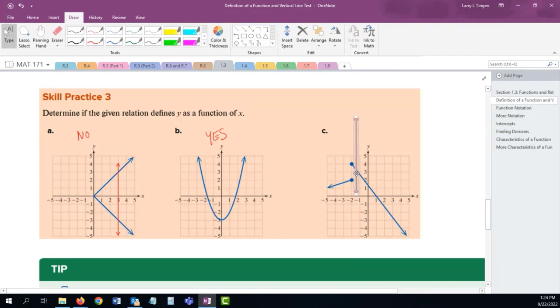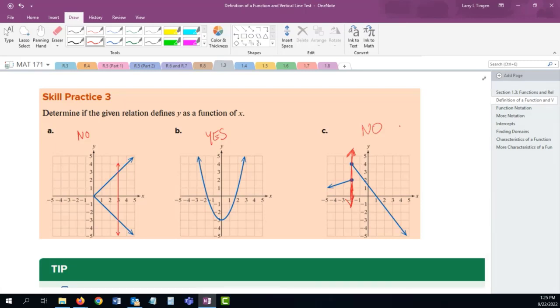Let's pretend like I can draw straight lines. And there's a straight vertical line. And what have I done? I've hit my function twice. So this is a no.